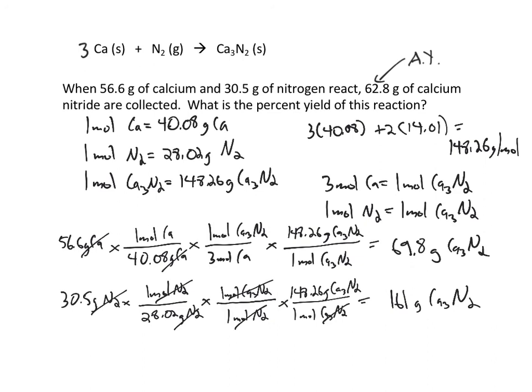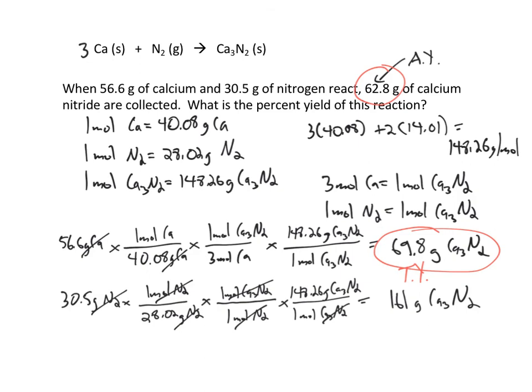Right, so clearly this is the lower mass, so that is my theoretical yield. And then we have our actual yield.